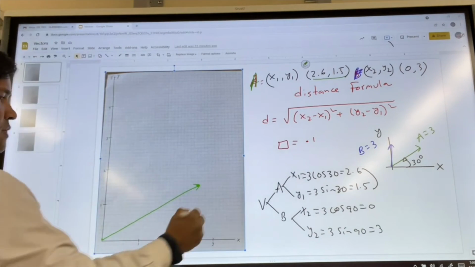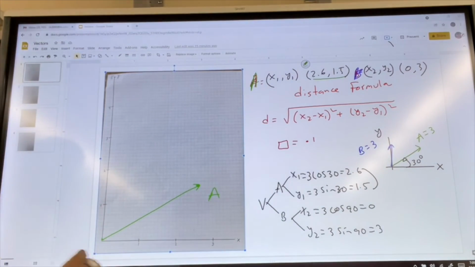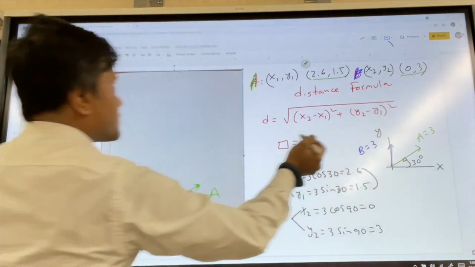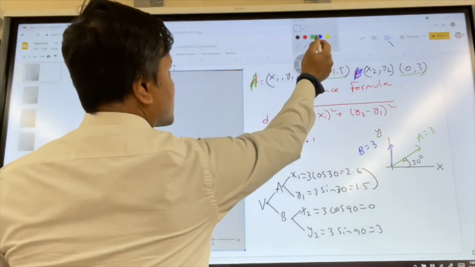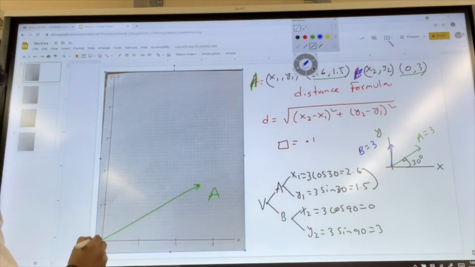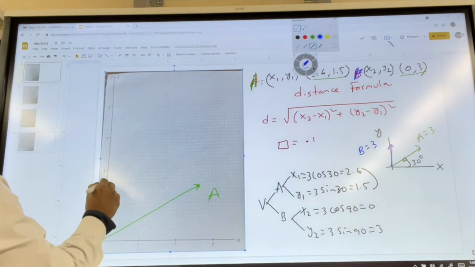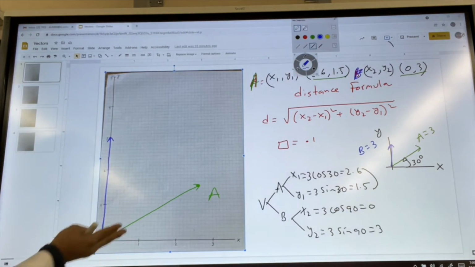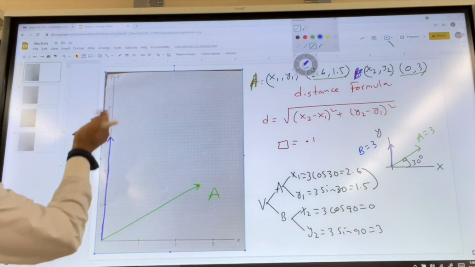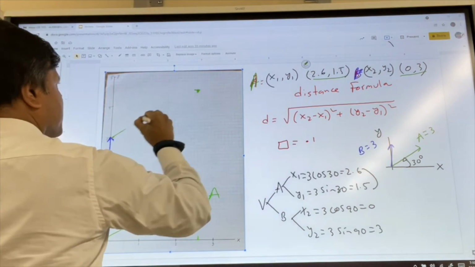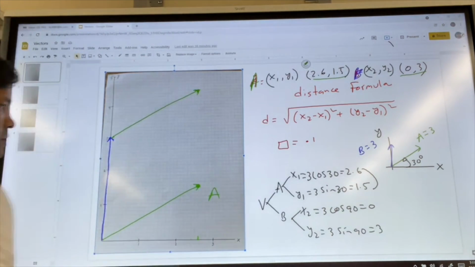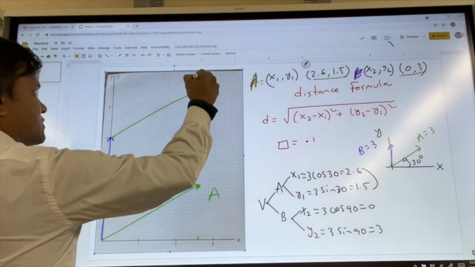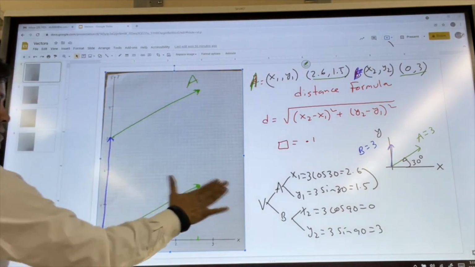Okay, so this is my vector A. Now let's draw my vector B, 0 comma 3. I know how to draw 0 comma 3, it is right here. Good, I drew both vectors. Now I'm going to move this vector by using head and tail. Now this is vector A, so I don't need 2 copies of vector A, so I'm going to erase this.